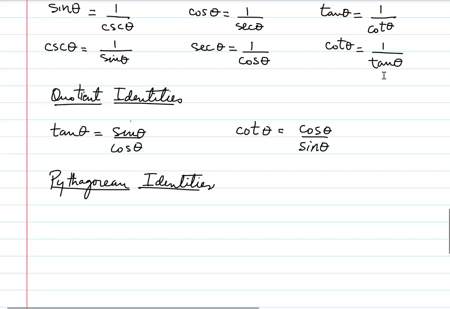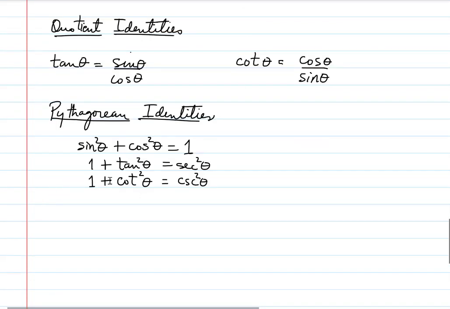I'm just going to put the three variations of the Pythagorean identities that we have here. So all right, here they are, guys. All these three are called Pythagorean identities because they are derived from the Pythagorean theorem and the basic definitions of the trig functions. But all of these could easily be proven with that basic definition.